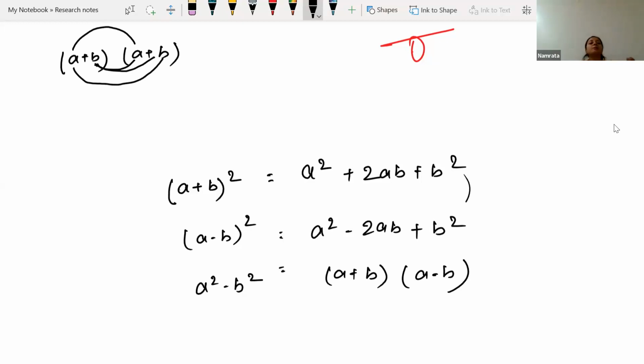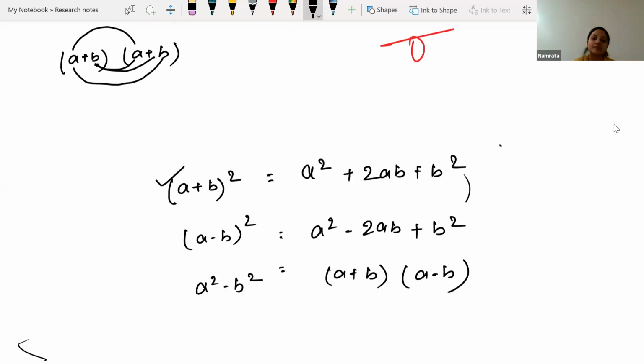If we apply the distributive property, then we will get this formula. Rather than applying the distributive property again and again, which will take a few minutes, to avoid such wastage of time, whenever we have this type of expression, we will apply the formula directly. That's why we have learned the identities in the previous class.